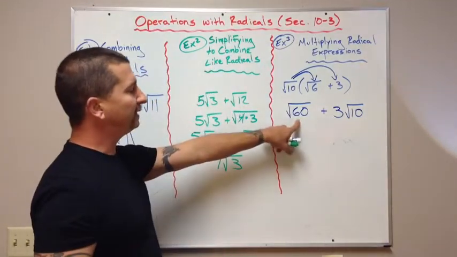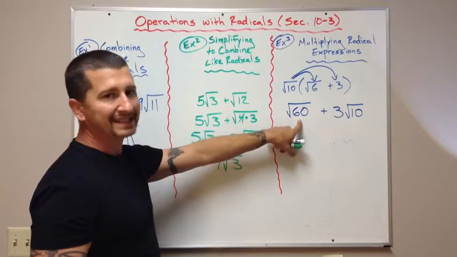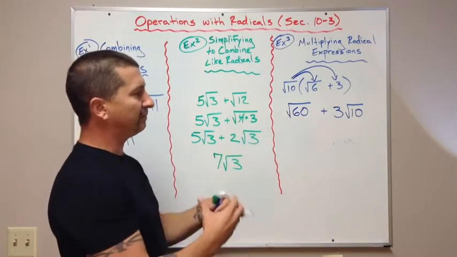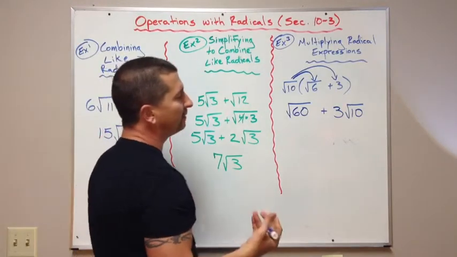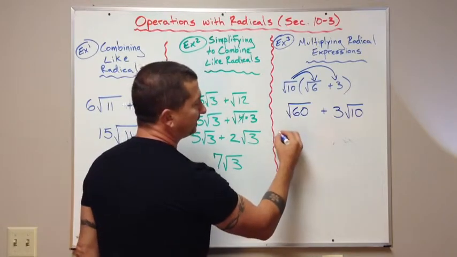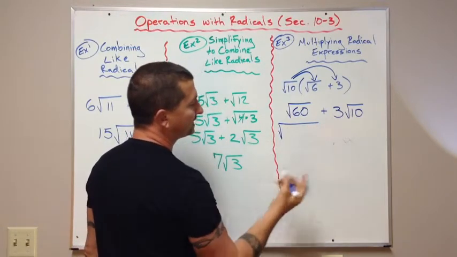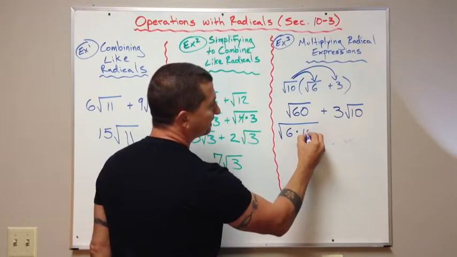Now, we have to look and think, are there any perfect squares in 60 that we can break this apart? Well, sometimes that's hard to know right off the bat just by looking at it. But what you can do is you can factor it. Just take any factor. So let's take 6 times 10. That's pretty obvious.